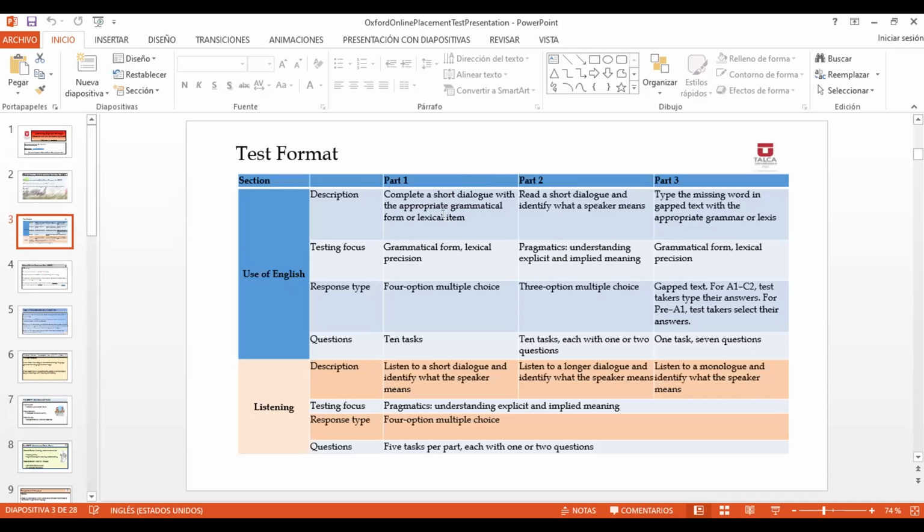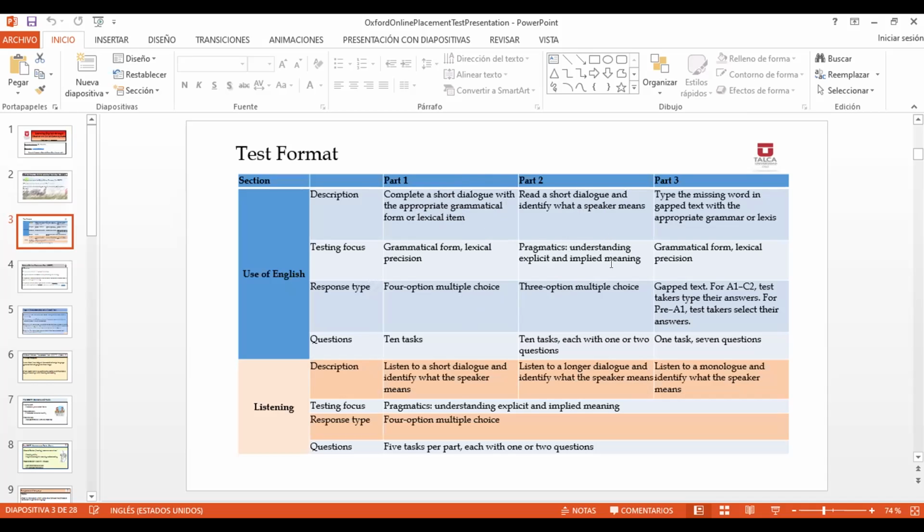So here we will have dialogues, and we will see some examples in which you recognize some grammatical structure, the vocabulary implied there, and you do a multiple choice type of exercise. Yeah? Generally, it's this.